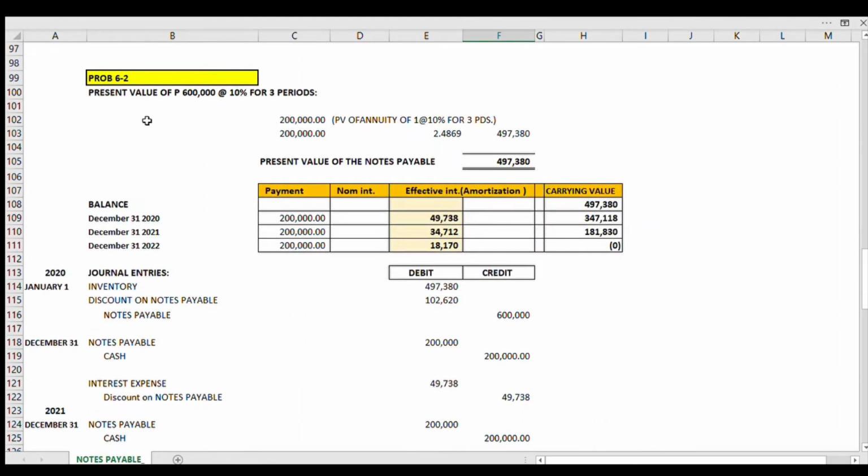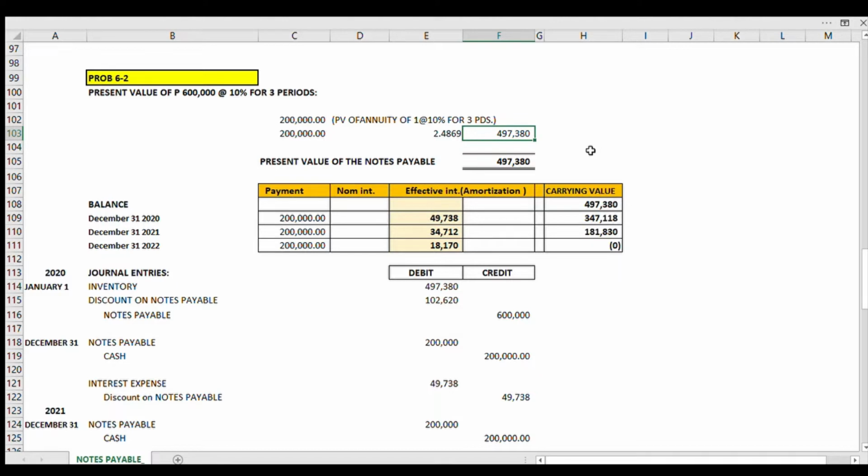Again, all you have to do is get the present value of 600,000 at 10% for 3 periods. We will do the same: present value of annuity of 1 at 10% for 3 periods, that is 200,000 times 2.4869, and 497,380 is the product.